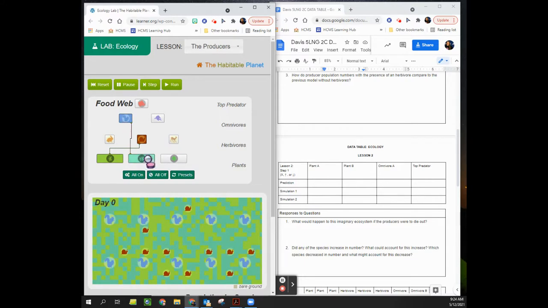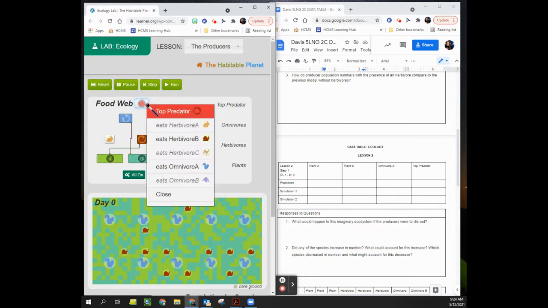I got them and then the top predator. You get to choose what they eat there.